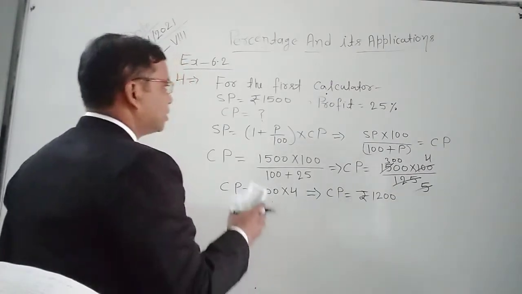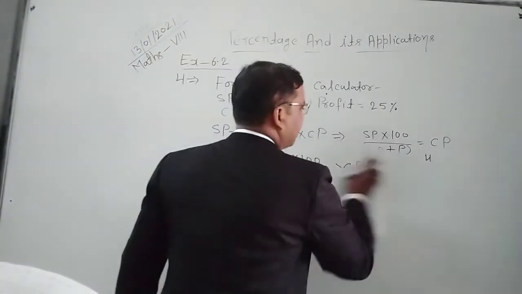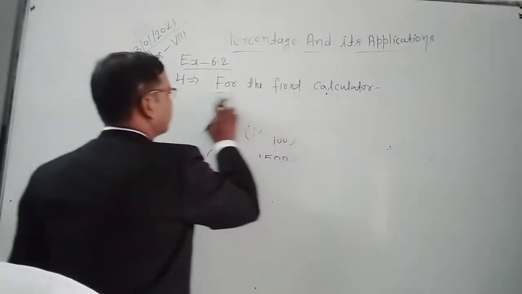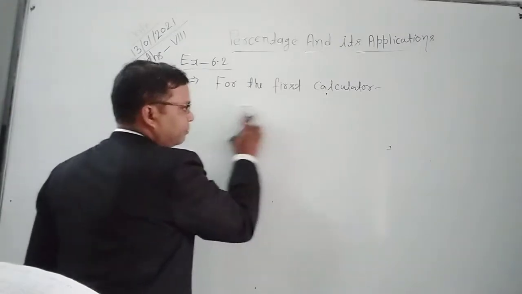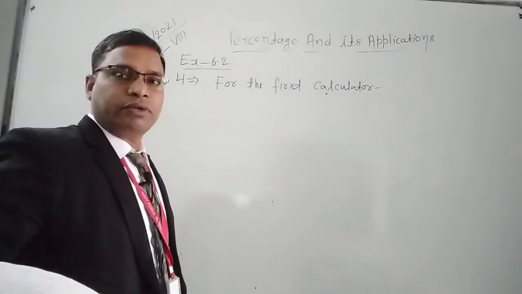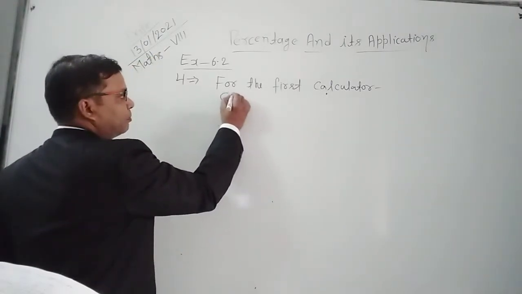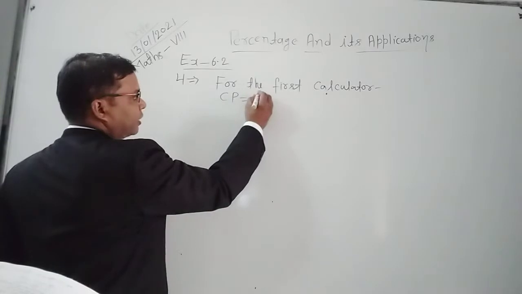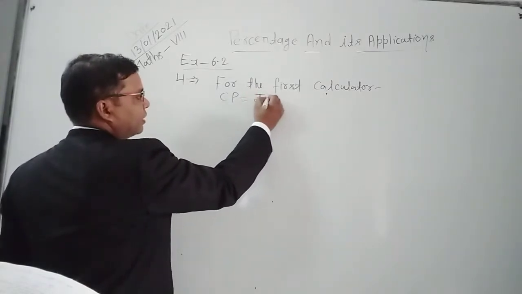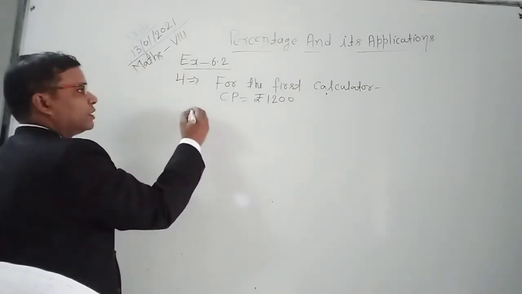This is the cost price of the first calculator. Now we find the cost price of the second calculator. Here we know only the CP of the first calculator, 1,200 rupees.